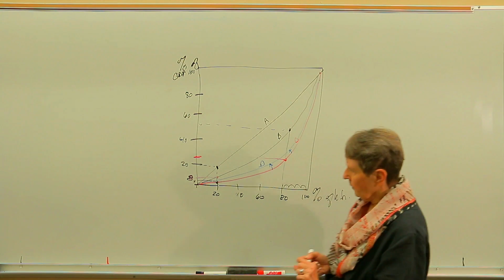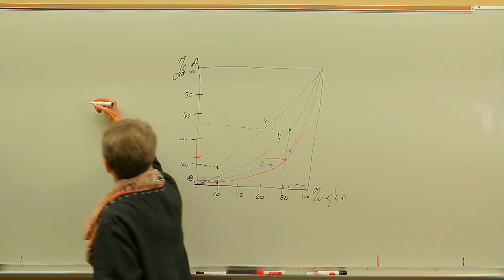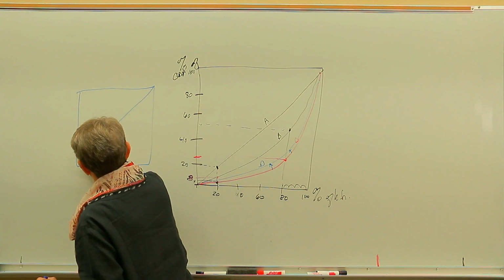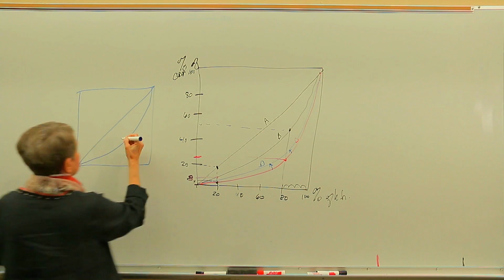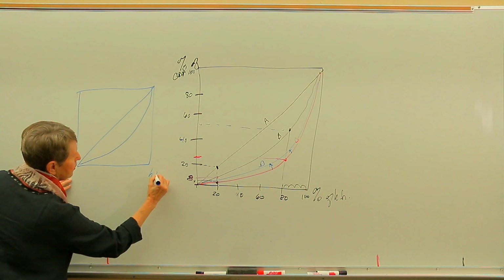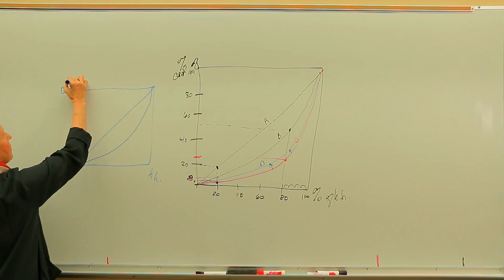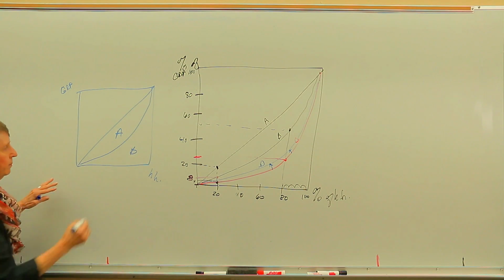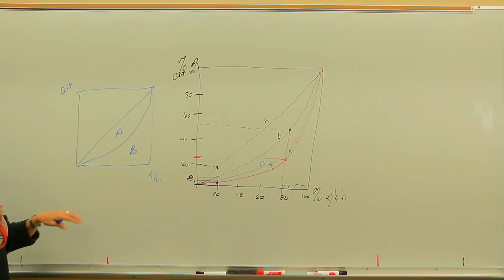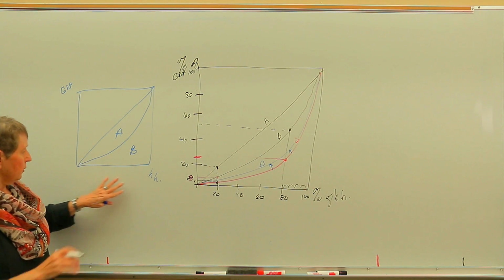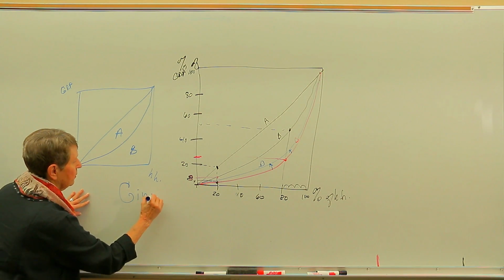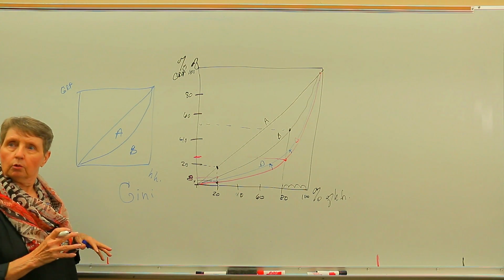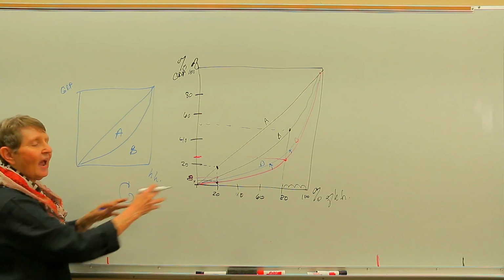Now, let me draw one more graph here. Let me just do this Lorenz curve. Same thing, percent of households, GDP. I'm going to call this area A, and I'm going to call this area B. And we use a measure called a Gini Coefficient, G-I-N-I, which measures how equal or unequal a distribution of income is among households.